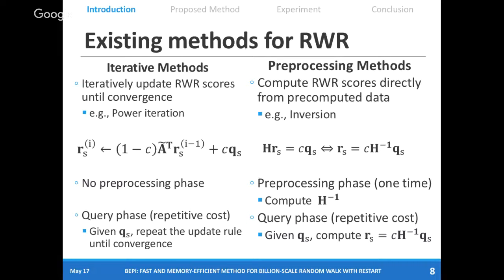Pre-processing methods compute the RWR score directly from pre-computed data. For example, inversion computes the inverse of the matrix H_S to compute r_S. In the pre-processing phase, the method computes the inverse of H_S, and in the query phase, given q_S, the method computes r_S based on these pre-computed matrices.